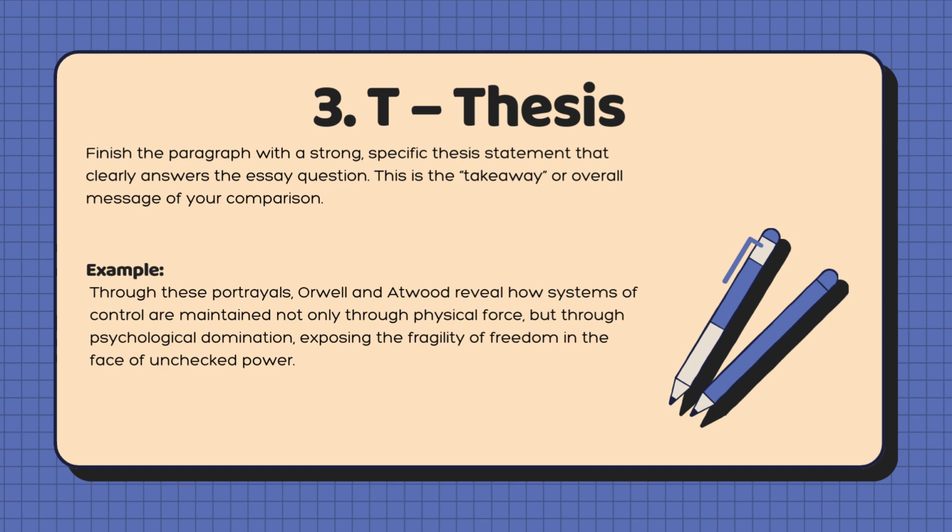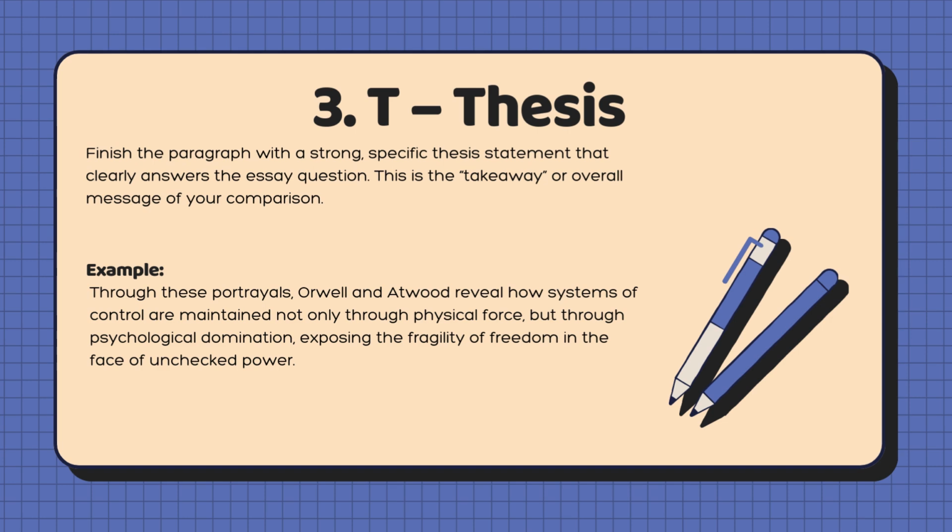Here's what makes this thesis strong. It starts by referring back to my earlier arguments, these portrayals. This keeps the structure tight. It introduces a complex idea that control can be psychological, not just physical. And it reveals a deeper insight into what the authors are warning about. They're warning us about this loss of freedom and the danger of unchecked power.